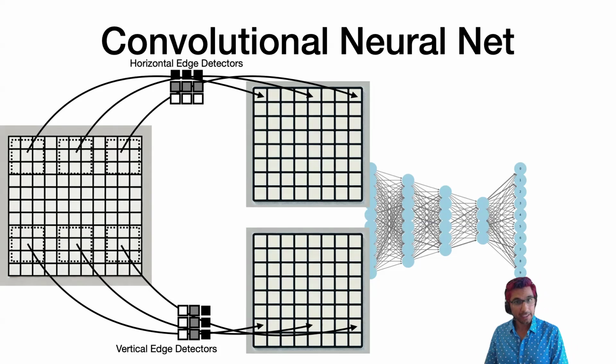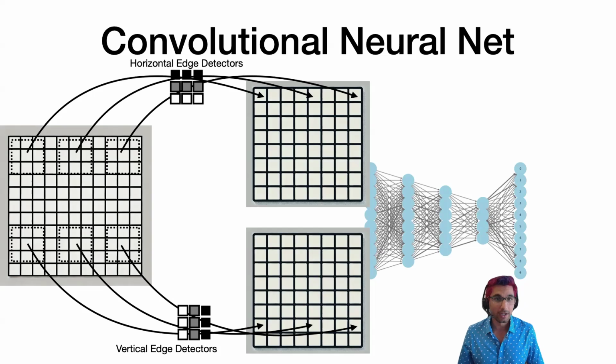But instead of each one of those having its own weights, they have one set of weights that gets applied to the entire input for one copy of neurons in that first hidden layer, and then another set of weights that gets applied to the whole grid for another set of neurons in that first hidden layer.